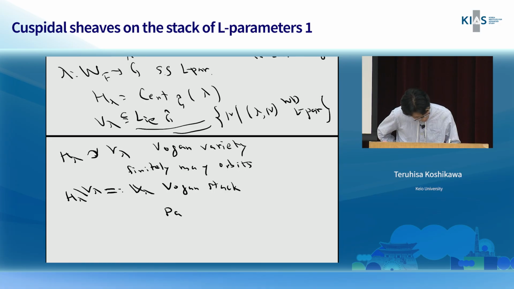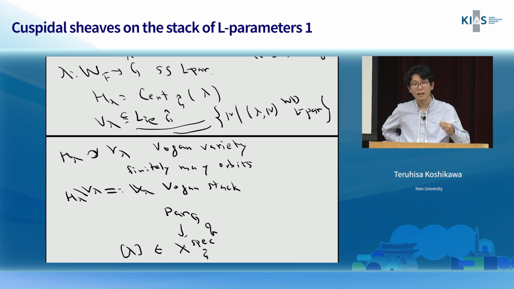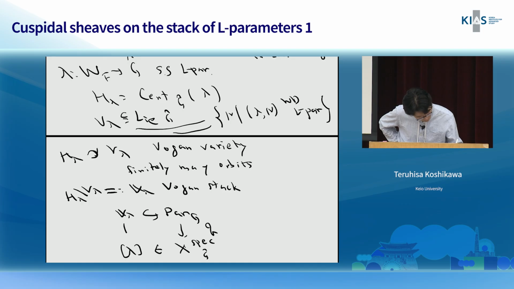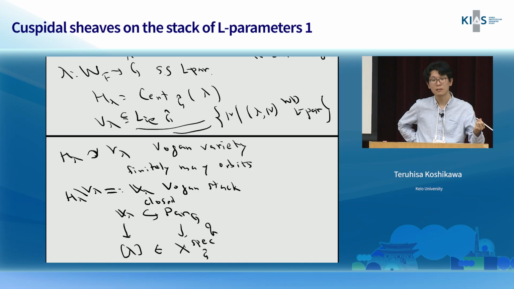And so we have this parameter space, and the map to the coarse moduli. And lambda determines a closed point of the coarse quotient, and B lambda living over this point, and this is closed. This is not the entire fiber.